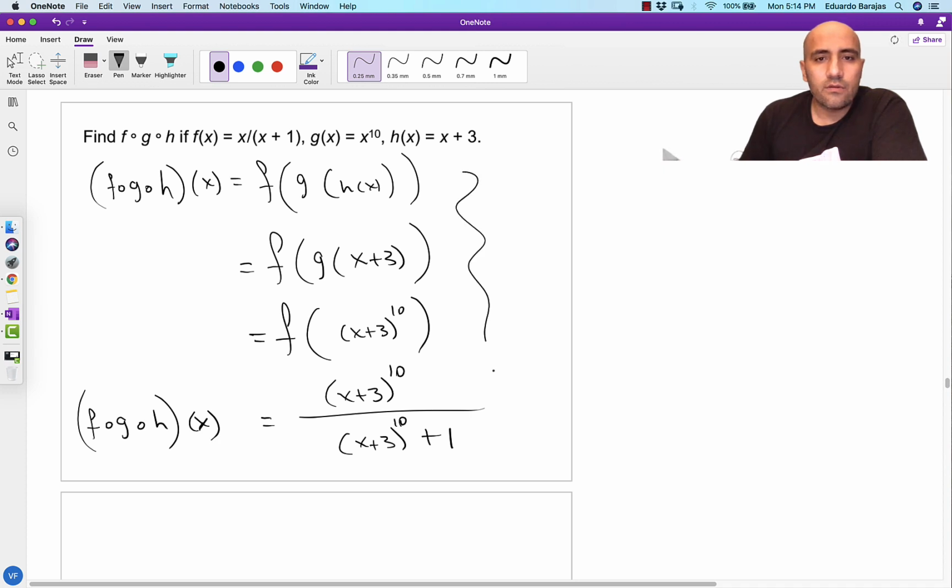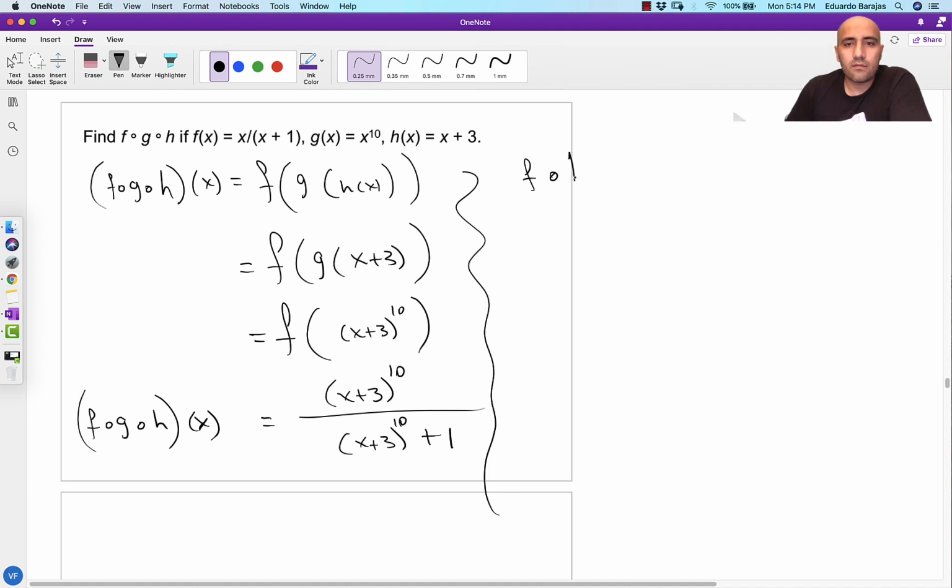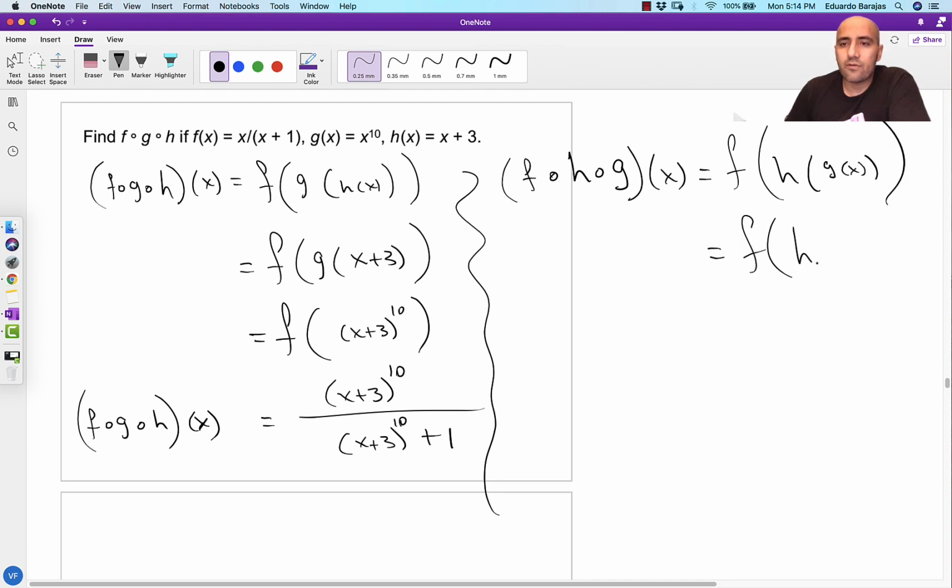Okay, let's try another one. How about f composed with h composed with g evaluated at x? Okay, so that's going to be f evaluated at h evaluated at g of x. That'd be f evaluated at h, where the g is x to the 10th power. Now the h says whatever input, add 3 to it.